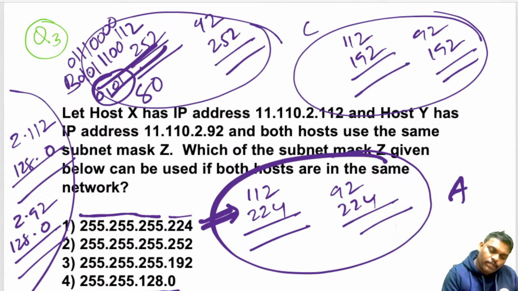So I think 252 is, let me write now, 0101 1100. 252 means all ones, lastly 00, right? I think it is going to be 0101 1100.